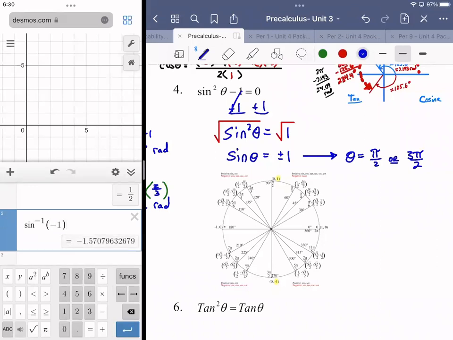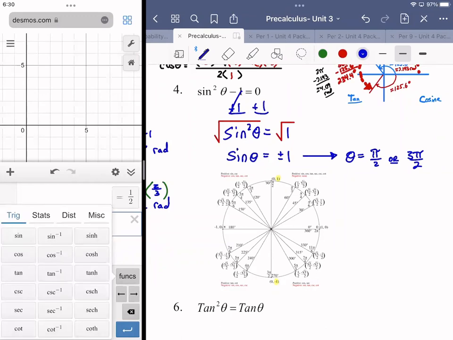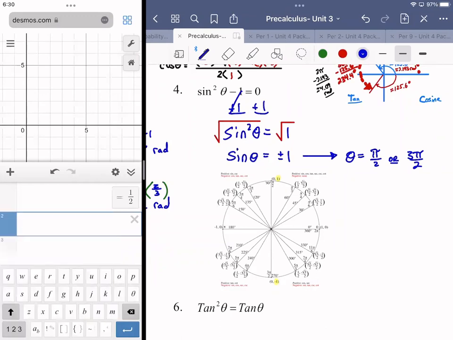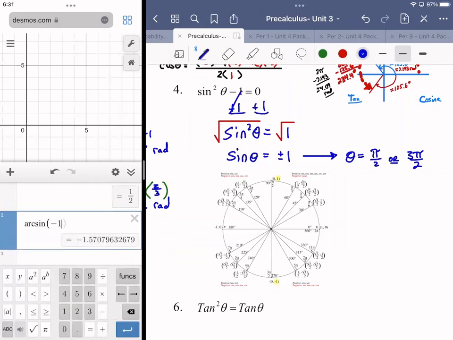Now here you got to be careful because this is saying negative 1.57. And the reason why it's saying that is because Desmos is adhering to the domain and range for inverse trig functions. And I'll show you with the arc sine. It's the same deal.